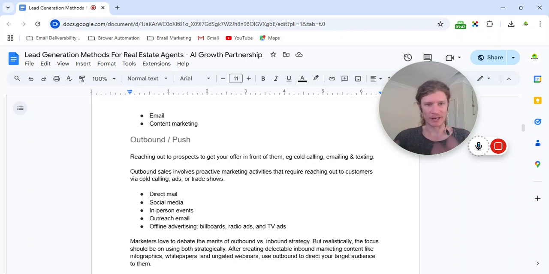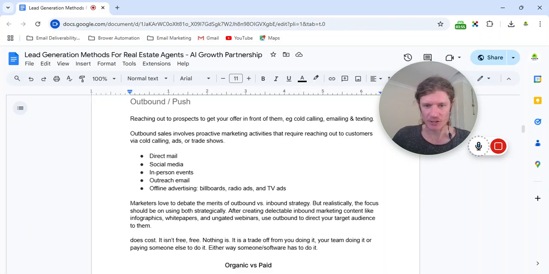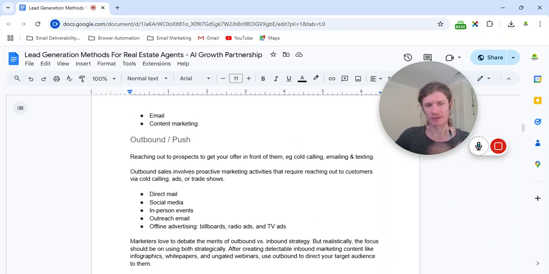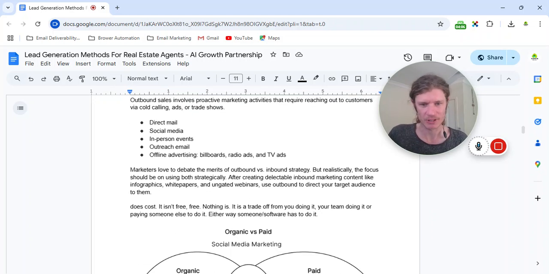You are pushing leads in to your offer. They might not know about it, so you go out, you find those leads, and then you present them with your offer. So direct mail, letterbox drops, fall into this one as well.